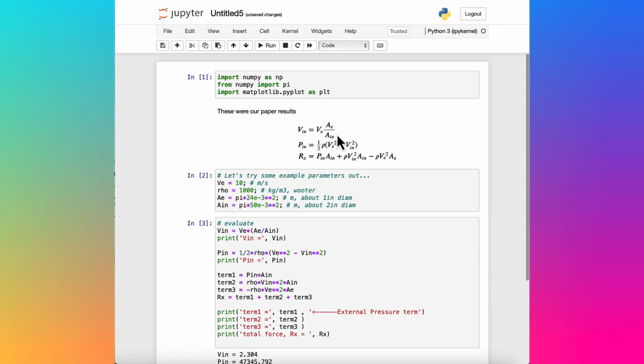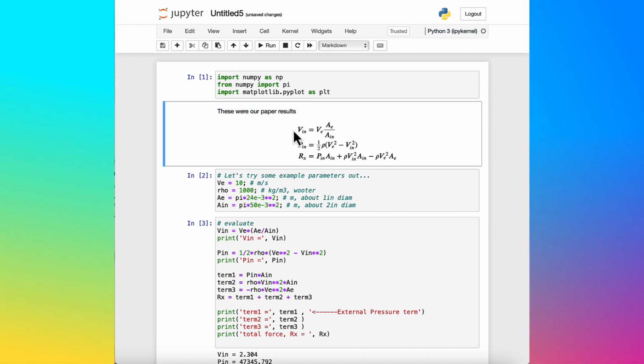All right, so let's take the work that we've done on paper and put some numbers to it, just for the sake of comparing the size of some of these terms. Our paper results went something like this. Using mass conservation, we could find the inlet velocity in terms of the exit velocity and the two areas involved. Bernoulli's equation allowed us to connect the inlet pressure to the change in velocities that had to occur due to mass conservation.